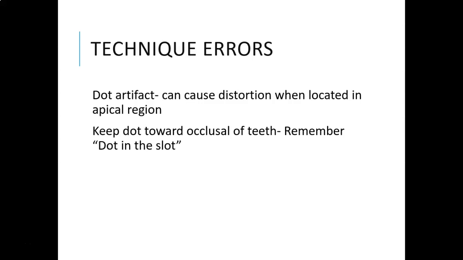If the dot is down by the incisal edge or the occlusal surface, you can recognize that it's the indicator dot on the film. But if you have it turned upside down and the dot, which just ends up looking kind of dark, is up by an apex of a root, you might think that is an infection. So the dot always goes in the slot. We don't have to worry about that with digital, but that is something to be aware of with traditional films.